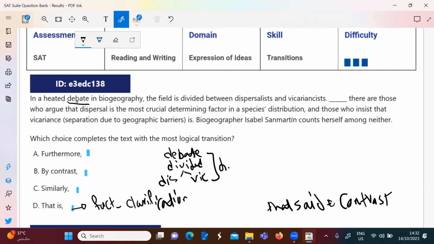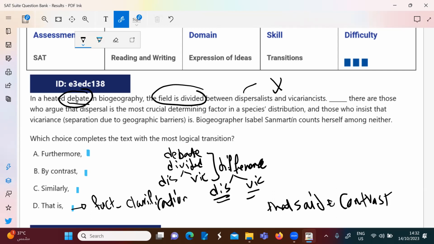This means that there is a difference between those two things. They are different because there is a debate and the field is divided between one versus two.